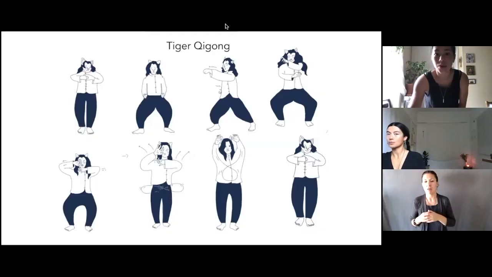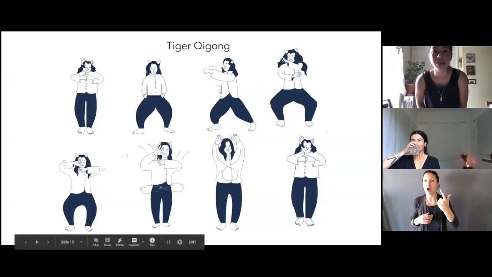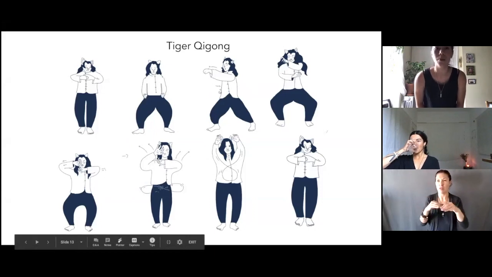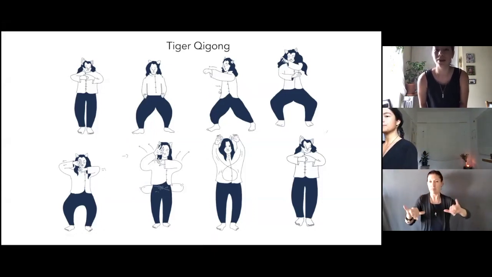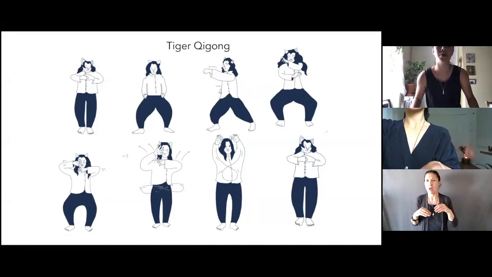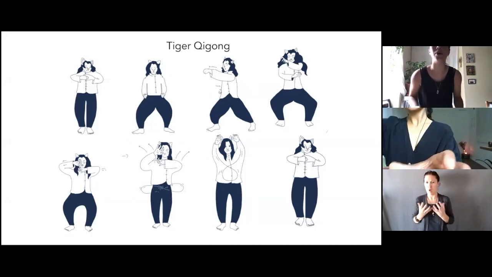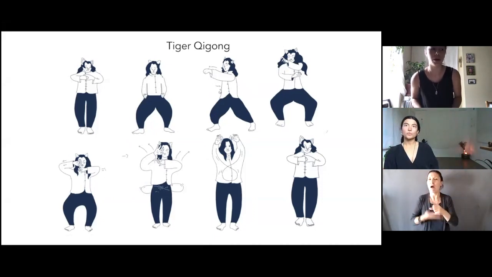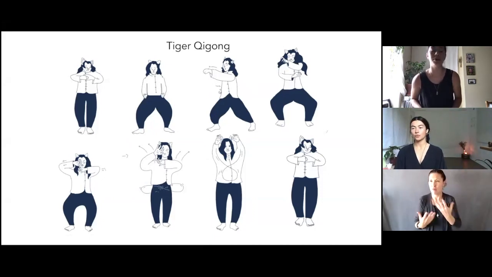Thank you, Lingji. All right, so now that we have gone through this practice, we are going to move into a lively Qigong practice. It's a tiger Qigong. I will show you an illustration that overviews the movements, but we'll do them together. Part of the inspiration for learning this particular form was to do something that is both very protective and powerful, especially if you are someone who doesn't feel comfortable taking up space.